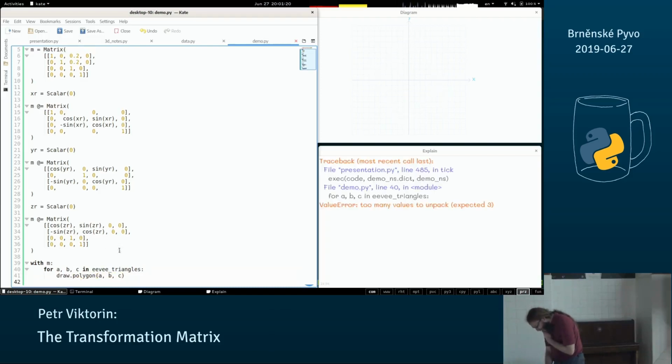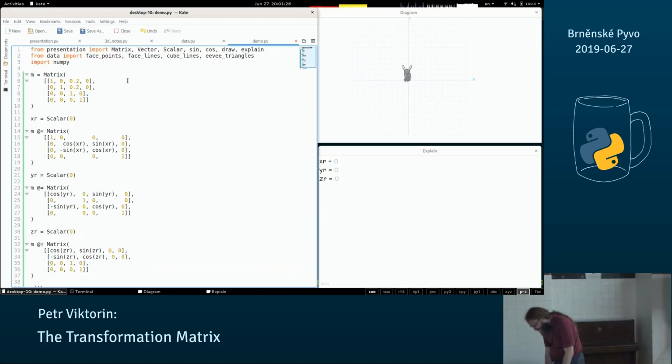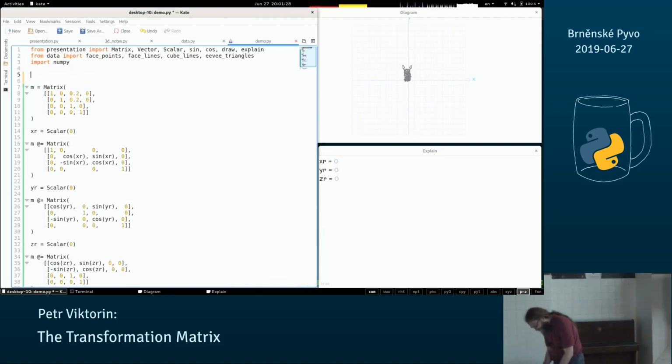So I downloaded a model from the internet. Let's make it bigger. Let's get rid of this weird thing.